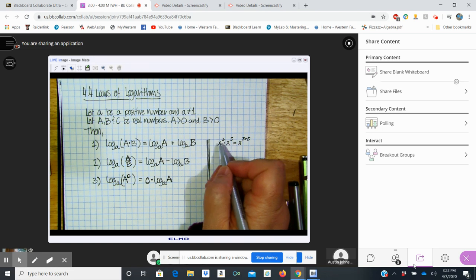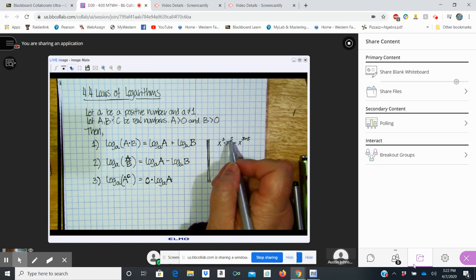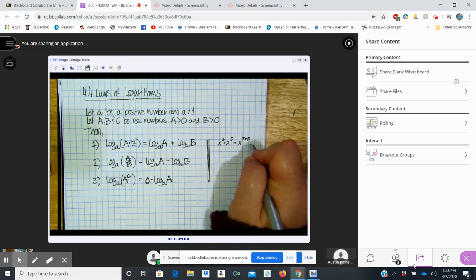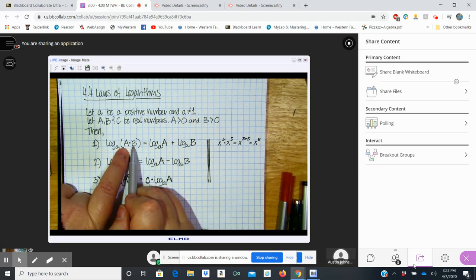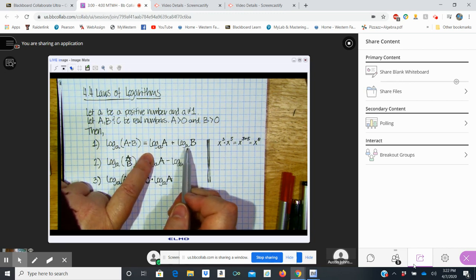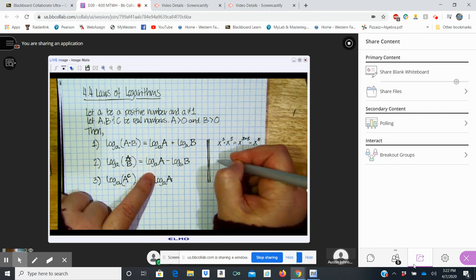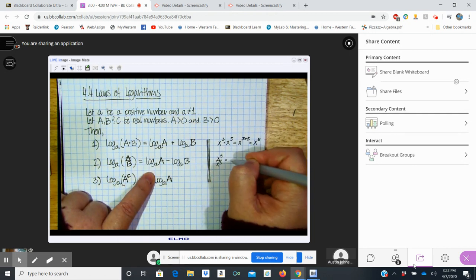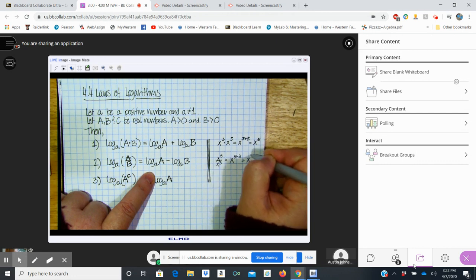So when we're multiplying the bases, the exponents can be added. Similarly, x to the 5th over x to the 3rd would be x to the 5 minus 3, which is x to the 2nd.